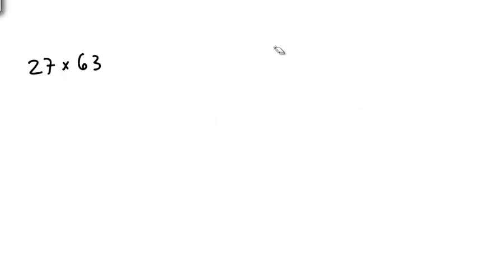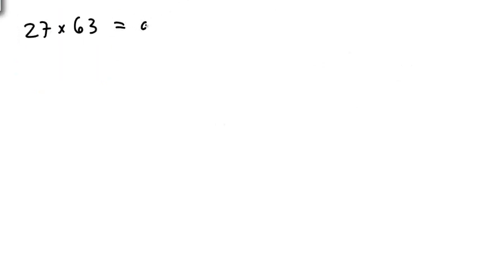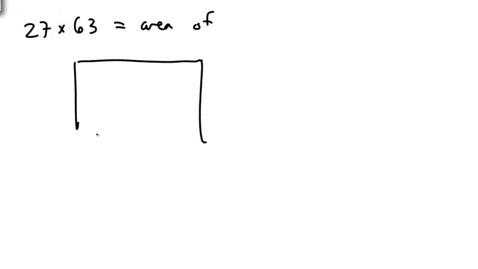The area model of multiplication says that 27 times 63 is the area of a 27 by 63 rectangle. Now, that doesn't particularly help because why? Well, it requires us to know what the answer is.